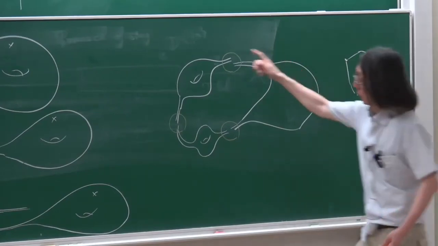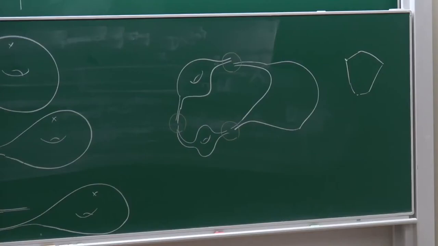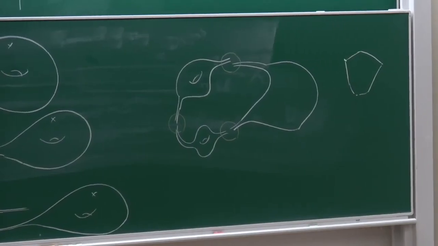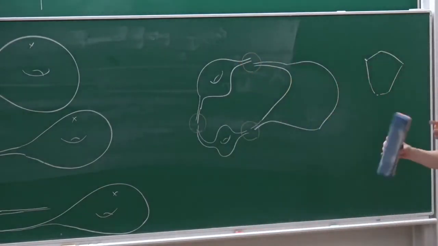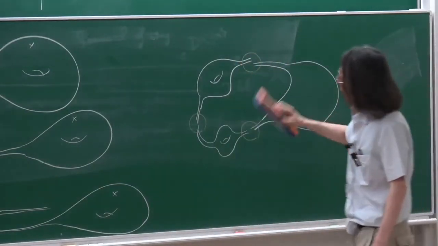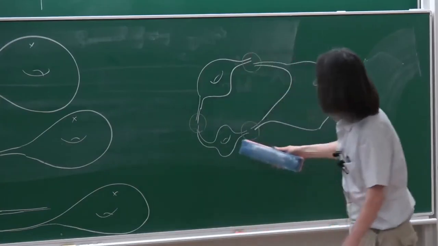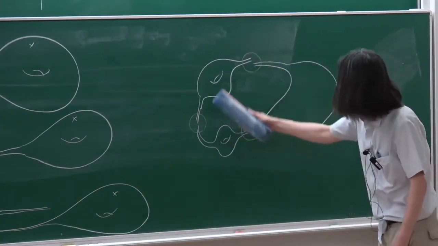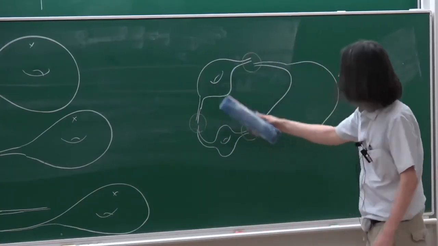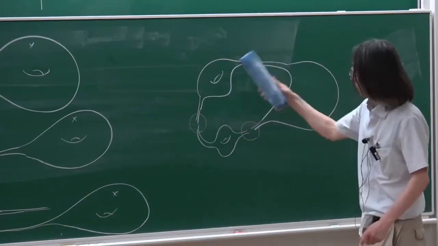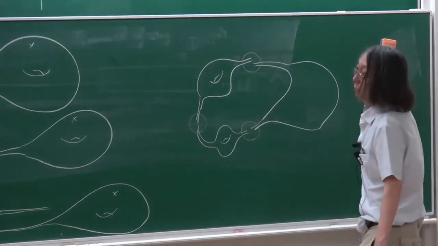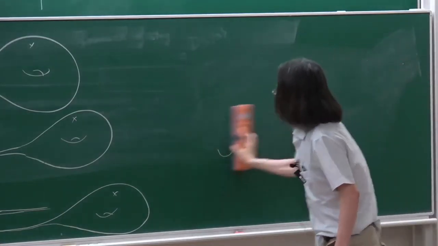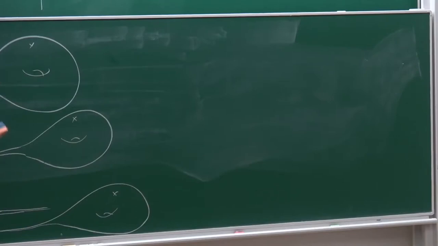So therefore, you can get this kind of dual graph. So the genus is controlled by the genus of each component, and also the first Betti number of the dual graph. So therefore you can see what kind of limit you can get.